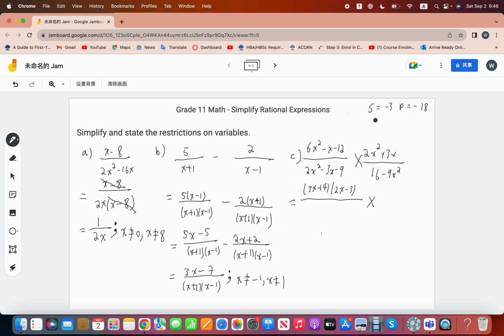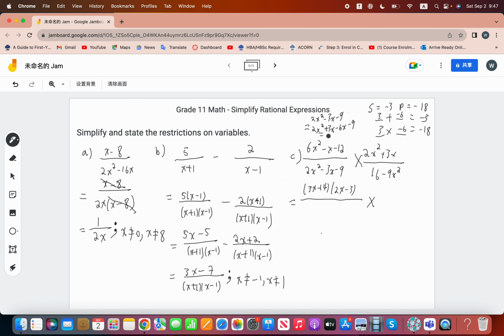So 3 plus negative 6 is negative 3, and 3 times negative 6 is negative 18. So it's going to be 2x squared minus 3x minus 9 equals 2x squared plus 3x minus 6x minus 9.